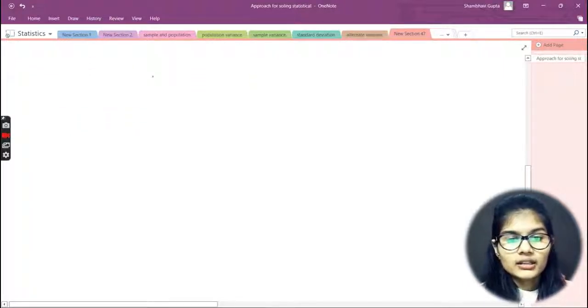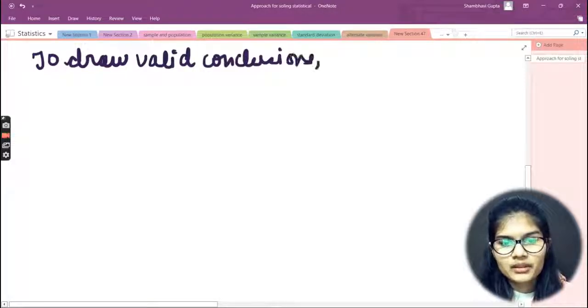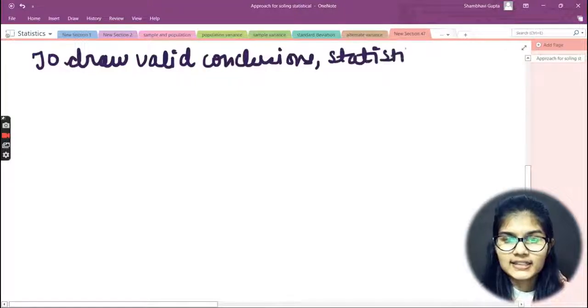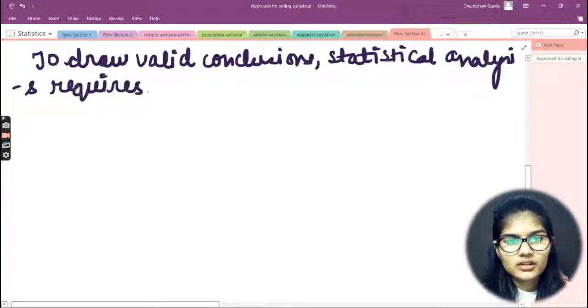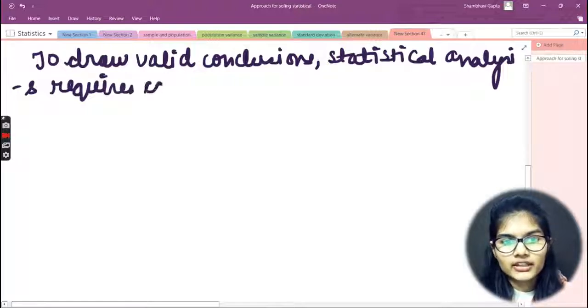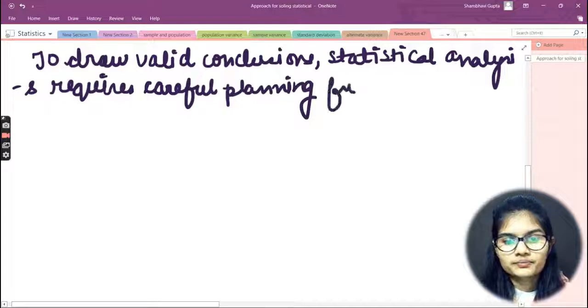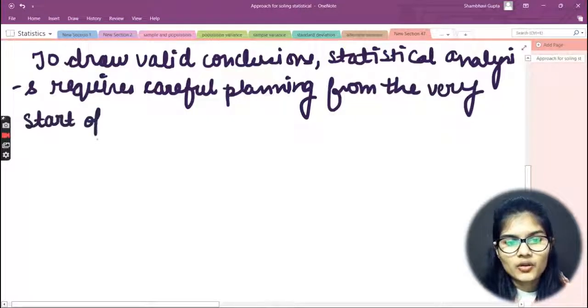Now, further, to draw valid conclusions, statistical analysis requires careful planning from the very start of the research process.